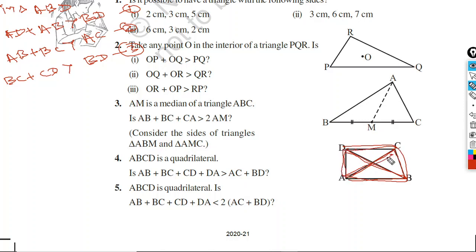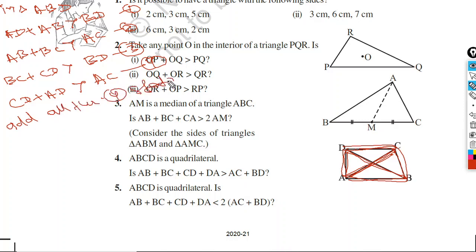Again come to triangle ACD. CD plus AD is greater than AC. Statement 4. Now add all the 4 statements. What will you find?